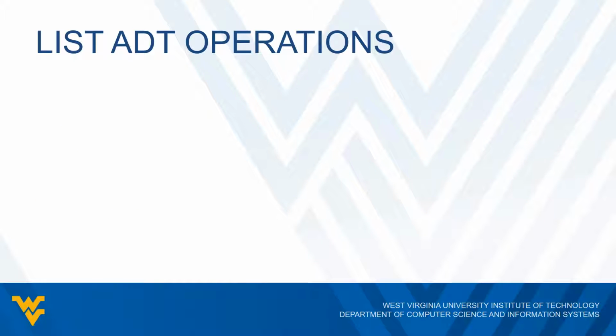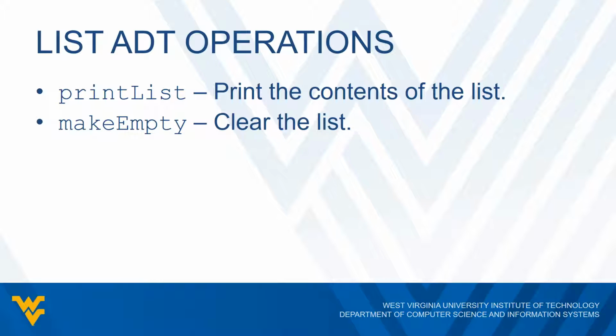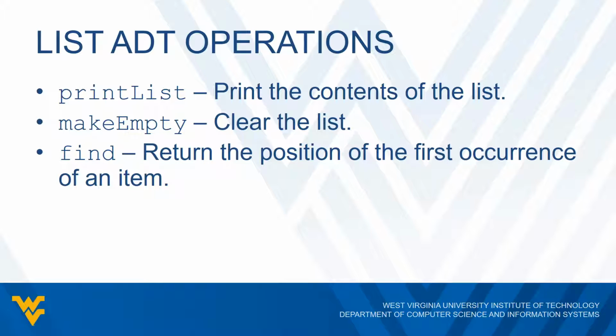We also need a set of operations we can perform on the list abstract data type. So we're going to take a look at least some of the common operations. We have things like print list, which just prints the contents of the entire list. We have make empty, which would clear the list. We have find, which would return the position of the first occurrence of a particular item.